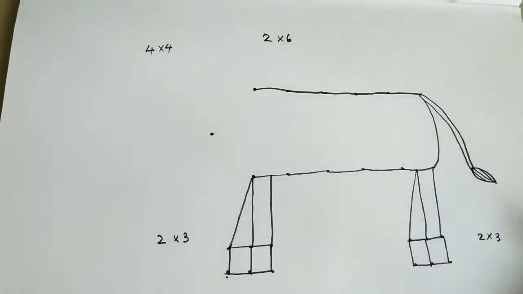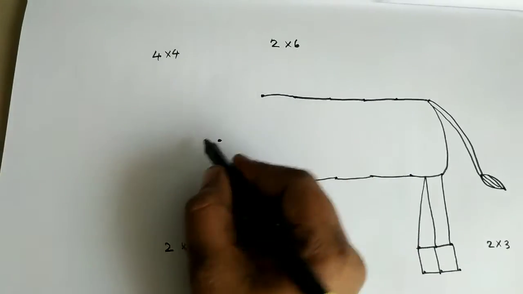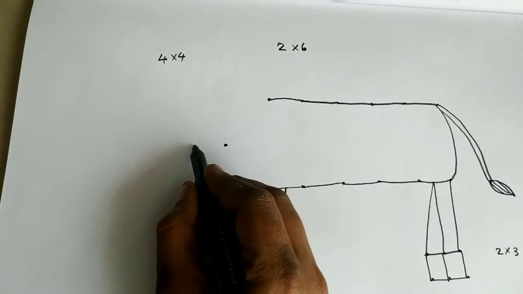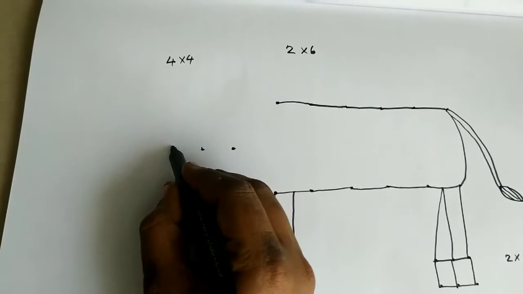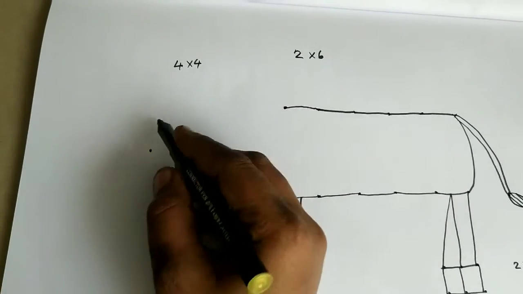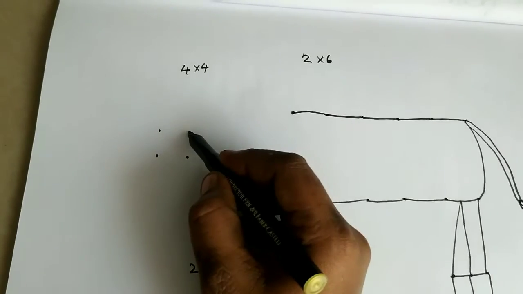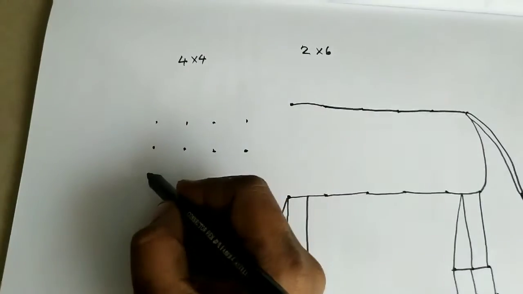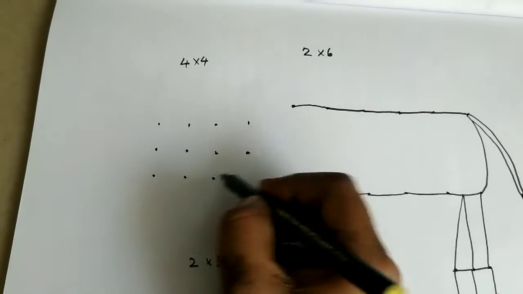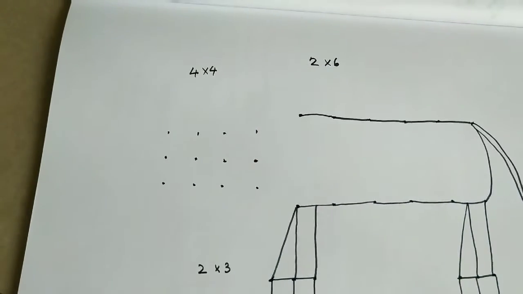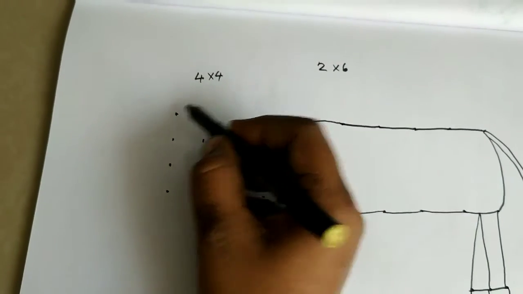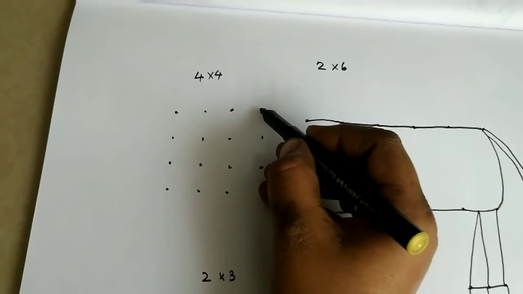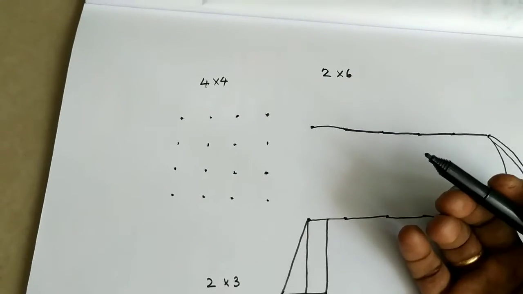4 cross 4. So we have already seen how to draw a head part of a cow using the 4 cross 4 rows and columns concept. Just keep one 4 cross 4 point at the middle position. One, 2, 3, 4. So 4 cross 4, 4 rows and 4 columns.